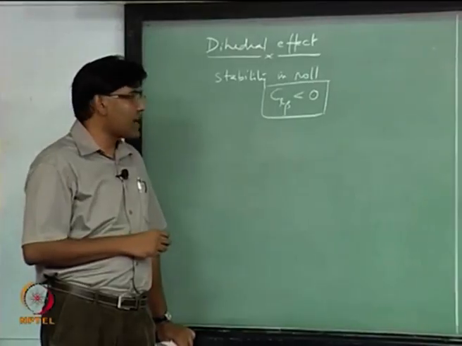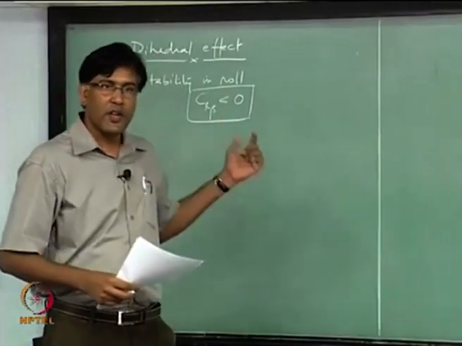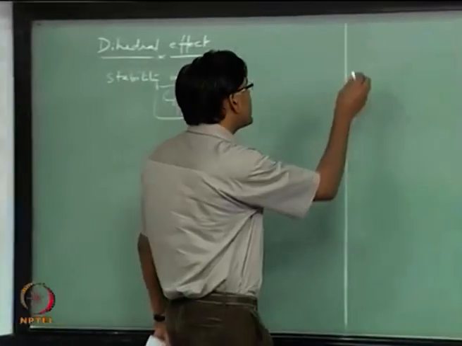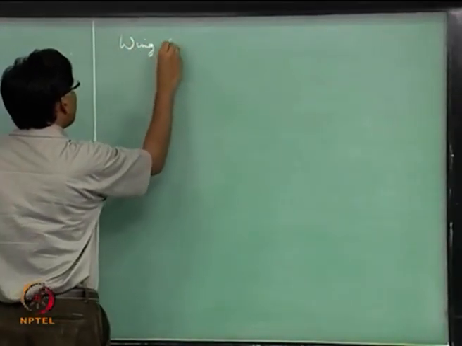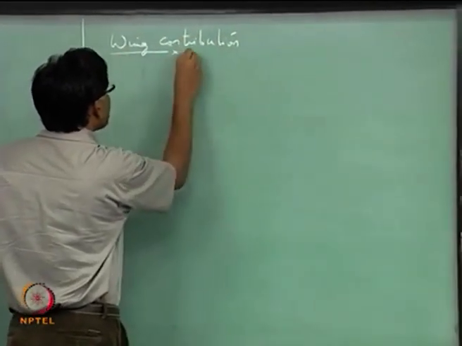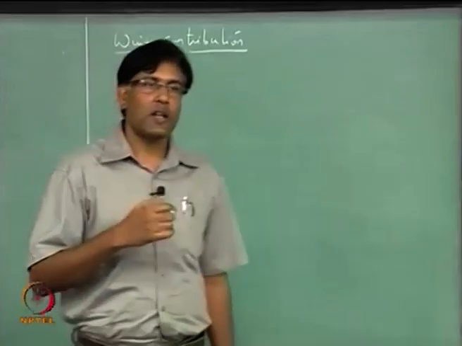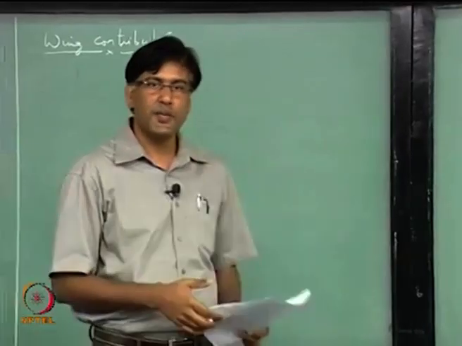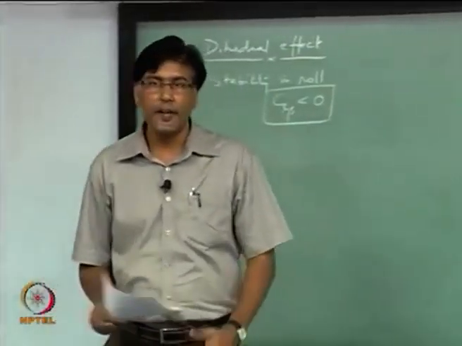We will look at how wing position on the aircraft can give you this CL beta. So, yesterday we started with looking at one configuration when the wing was swept back. Let us see if that gives me this CL beta, which should be less than 0.